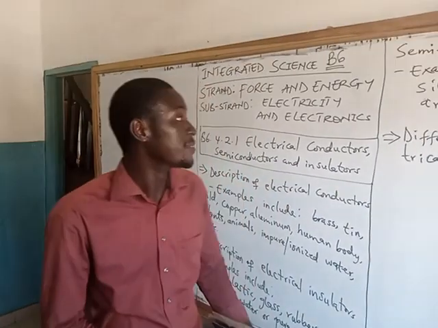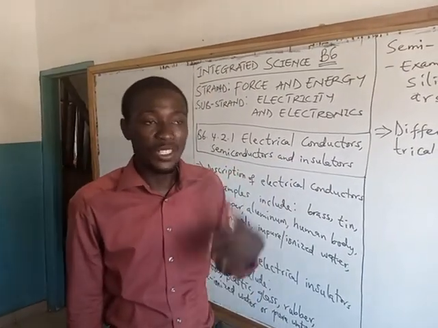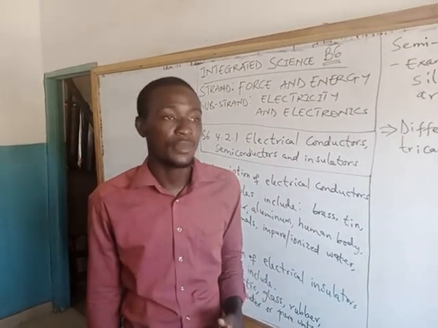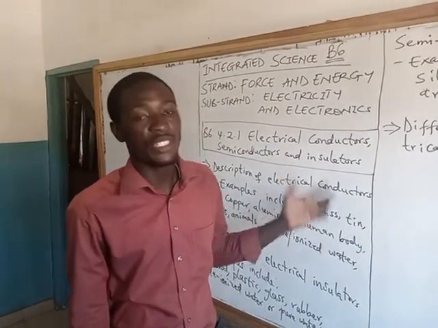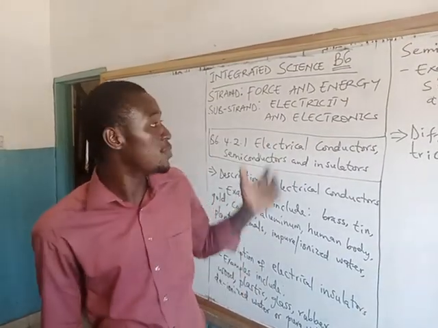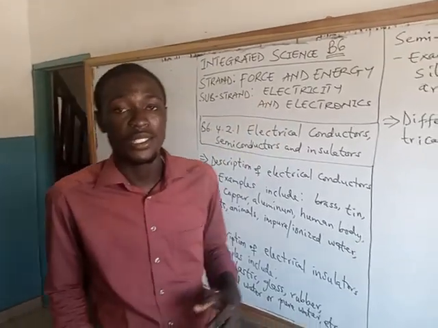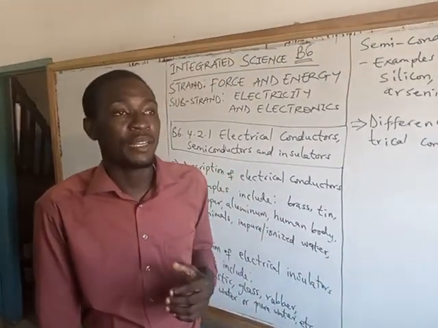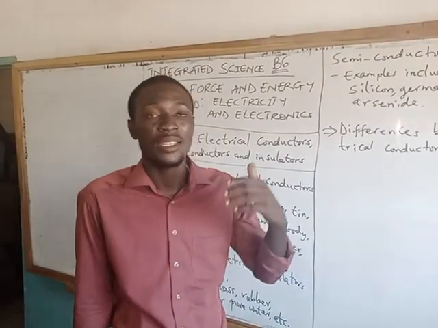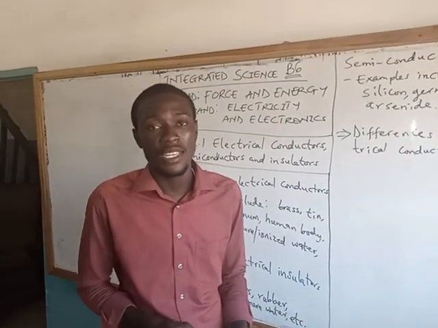This lesson, we want to do a quick recap on what we learned before the break came up, and also continue and complete it as well. Before the break, we started with electricity and electronics, where we learned about electric circuits and the various components that make up electric circuits.